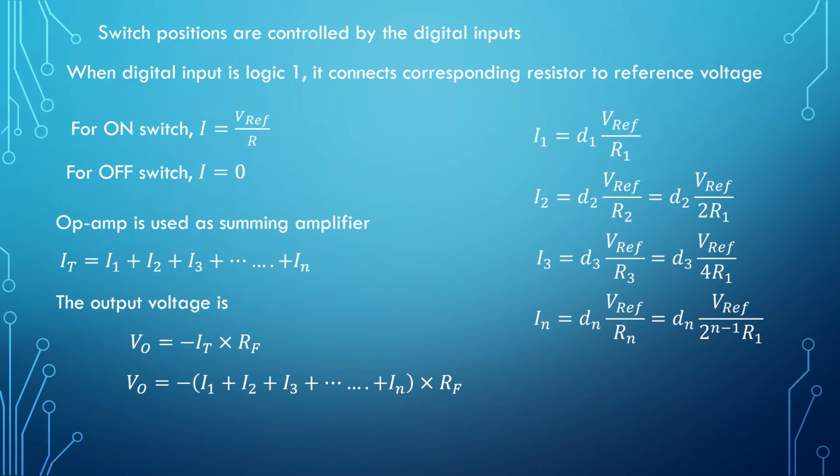I3 is D3 V reference divided by R3, which is D3 into V reference divided by 4R1. Similarly, IN will be equal to DN into V reference divided by 2 to the power of N minus 1 into R1. Here the currents I1, I2 up to IN will be present if D1 up to DN are equal to 1. If it is 0, then the currents will be equal to 0.